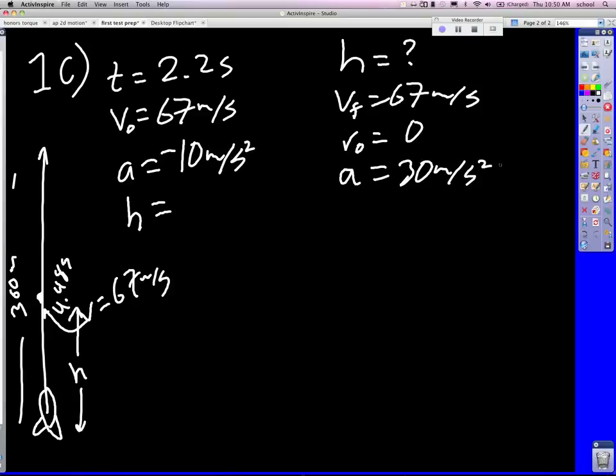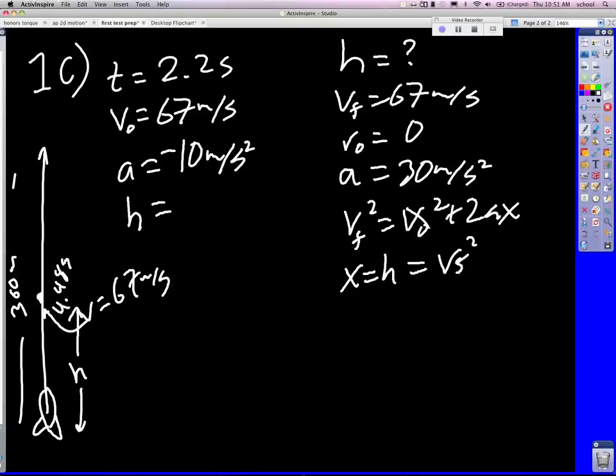So 67 squared divided by 60. So that's going to be, you say 0.160, is that 6 or 7? What do you get? Yeah, it should be around that. 74, 75, whatever.